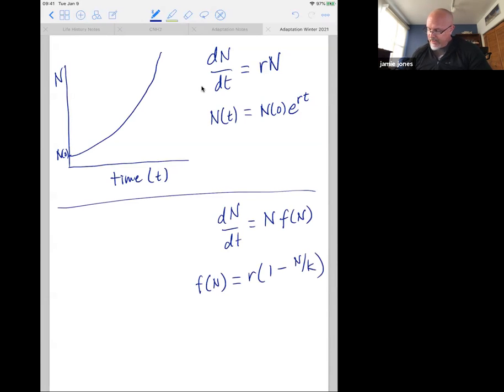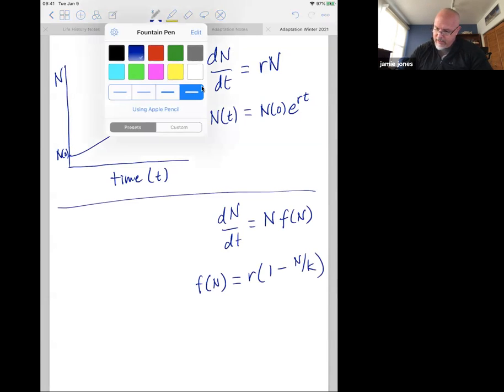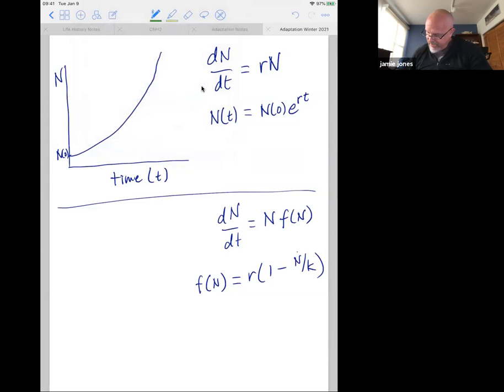Suppose, for example, that N is equal to 0. What happens? Well, if N is equal to 0, then this fraction, N over K, is equal to 0. So we just have f of N equals r times 1, which is just r. We're back to our original unbounded equation.